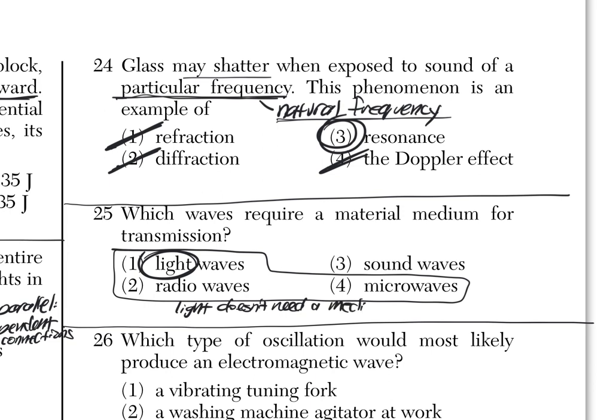Technically, that's light acting as a particle, not as a wave. All waves need a medium. When light doesn't need a medium, it's acting as if it were a particle. But sound waves absolutely do need a medium to travel in. There's no sound in space because there's no stuff in space. It's just a vacuum. And so, yeah, 25 is 3.